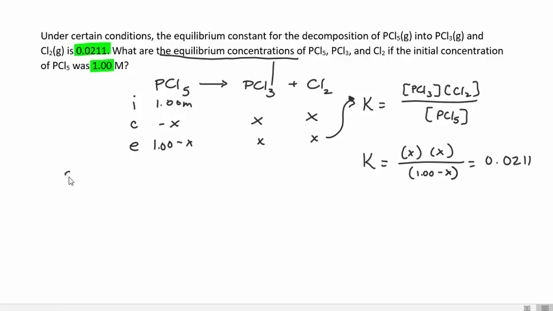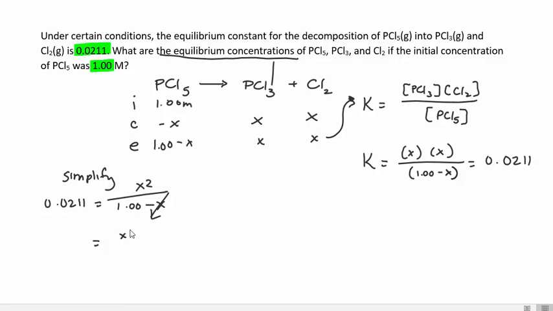0.0211. So over here I'm going to simplify. 0.0211 equals x squared over 1.00 minus x. The simplification is going to be to remove this x, thinking that the x value is going to be so much smaller than the initial value that it's not going to make that big of a difference.